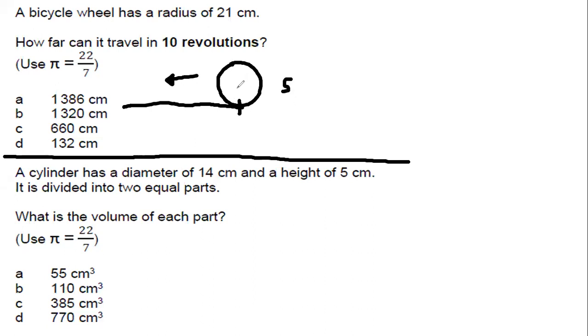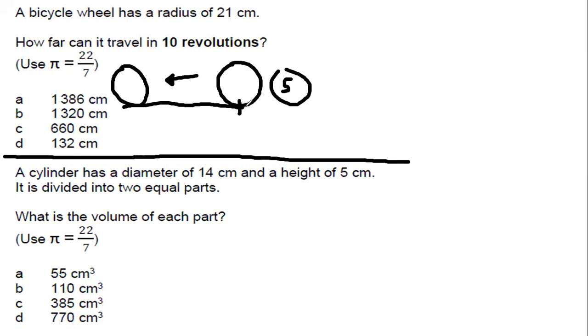It means that when you start, you make one complete turn. So the bicycle might end up over here. So one turn will stretch out the 5, not true?